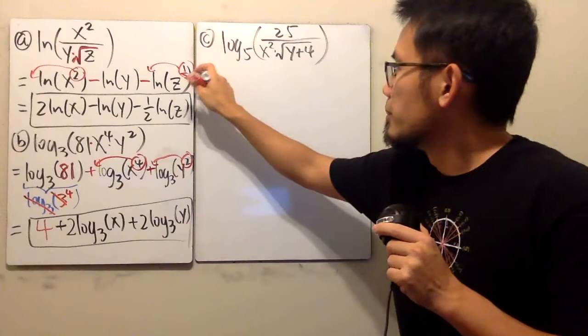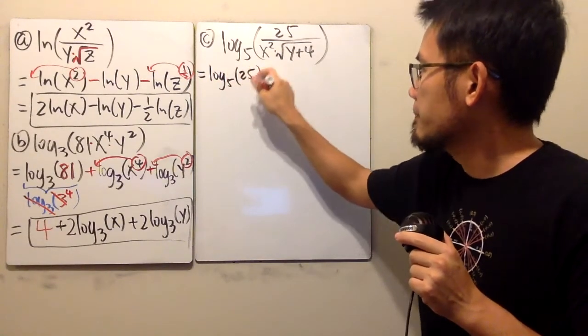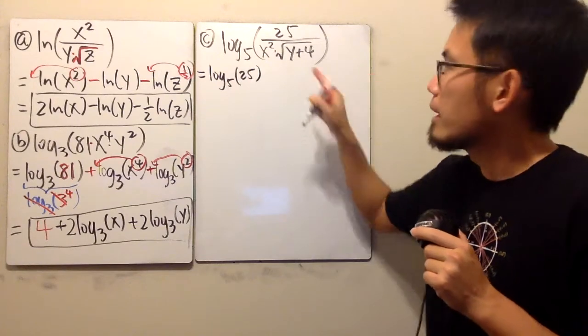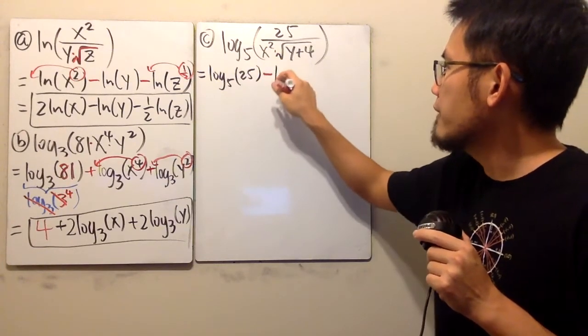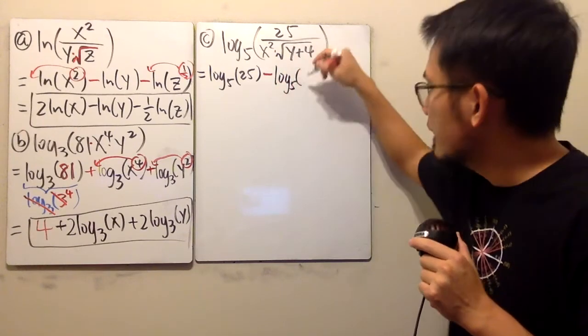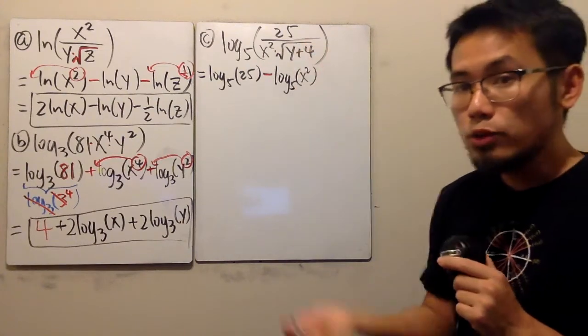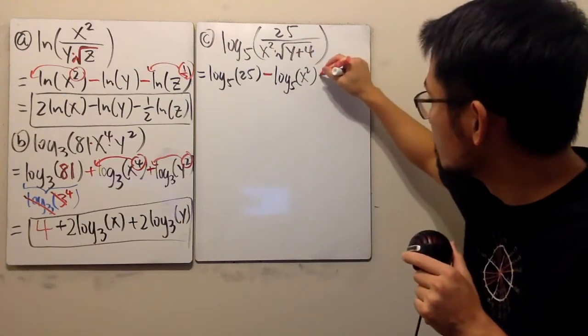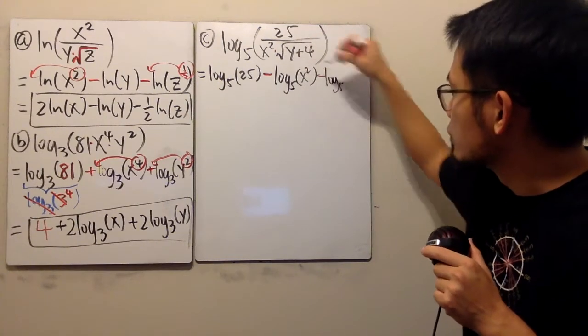The top is going to be, we have the log base 5, and then you just write down the 25, and that's positive right here. For the x squared, I will have to minus, and then we have log base 5 of x squared, like this. And then, this right here, it's also on the bottom, so we will have to minus, and then we have log base 5.